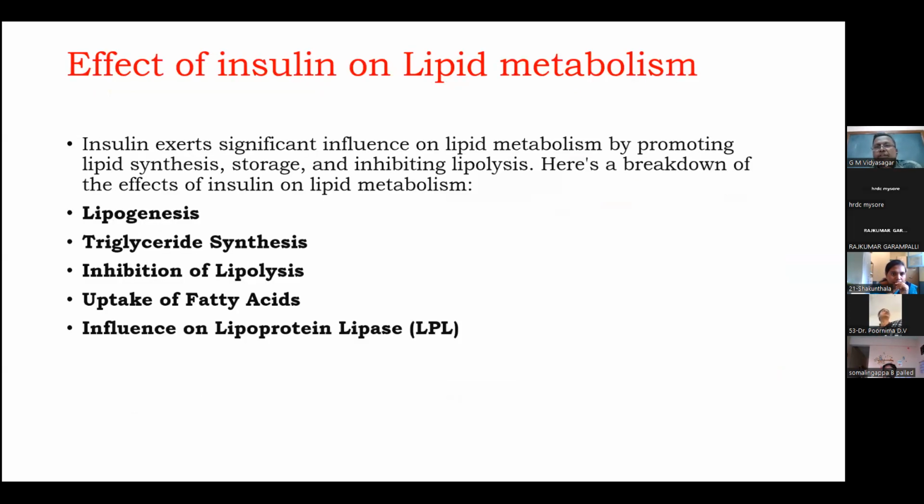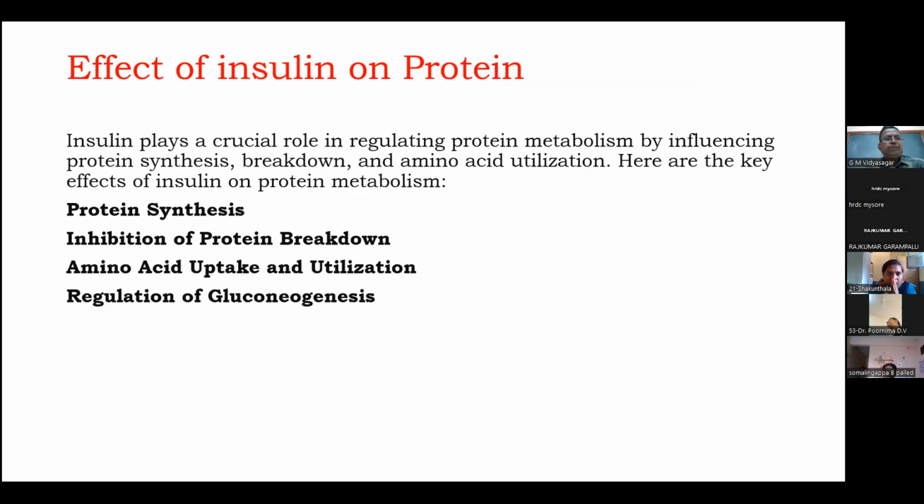So, the effect of insulin on lipid metabolism is by promoting lipid synthesis, storage, and inhibiting lipolysis. Here is the breakdown of the effect of insulin on lipid metabolism. There are 4 stages: lipogenesis, triglyceride synthesis, inhibition of lipolysis, uptake of fatty acids, and influence on lipoprotein lipase.